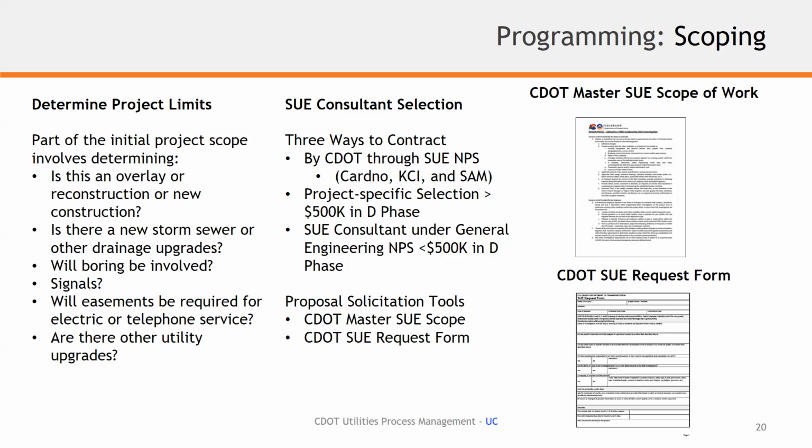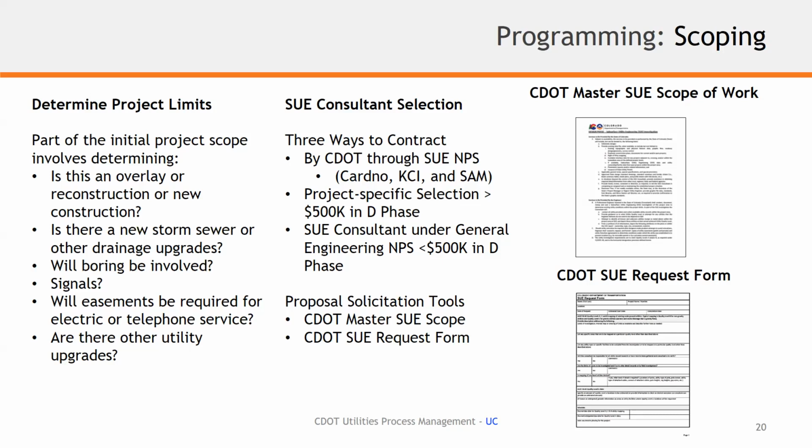Also, project-specific selection can be obtained for any SUE consultant, really, that fits the scope of work, that has the ability to complete the scope of work and has the technology and the background to meet the ASCE 38 standards, and has a utility engineer on board that can stamp and certify SUE plans.